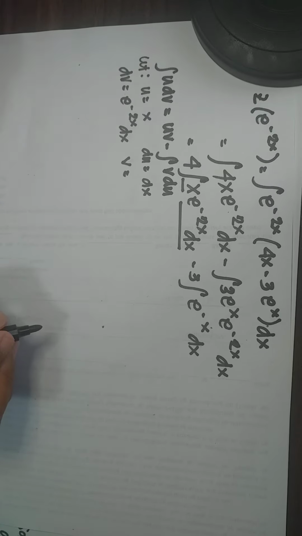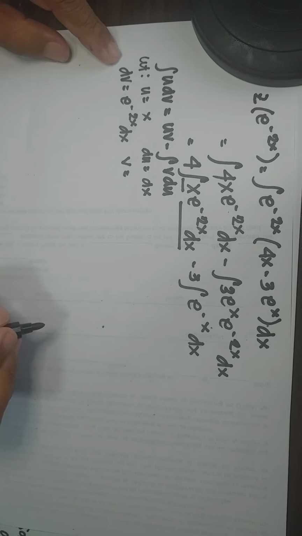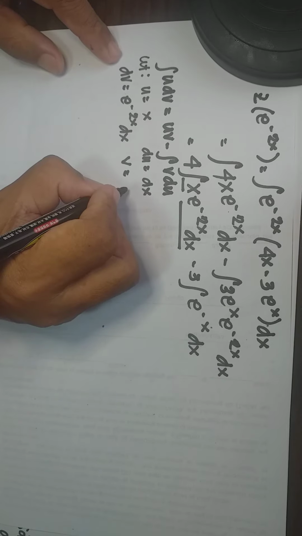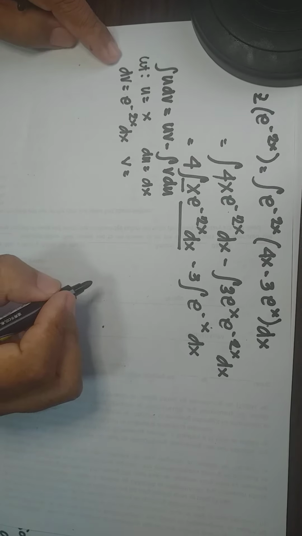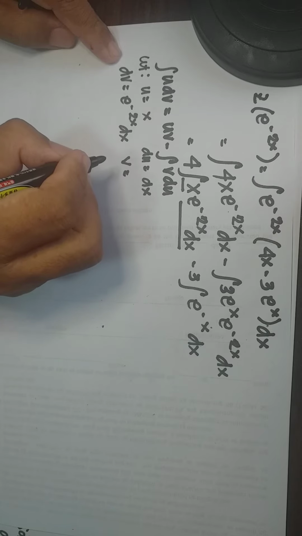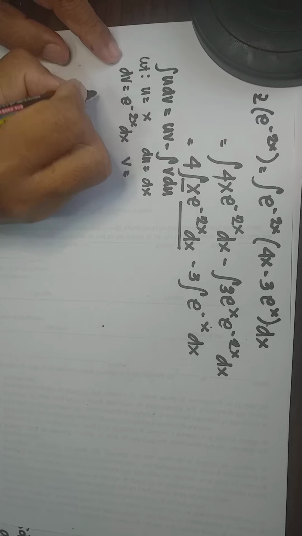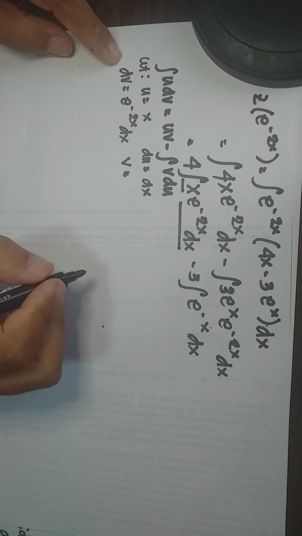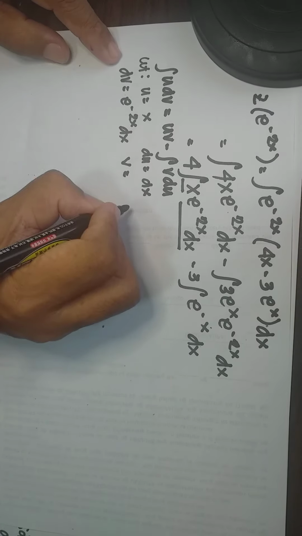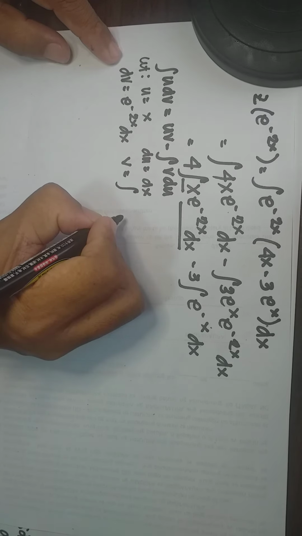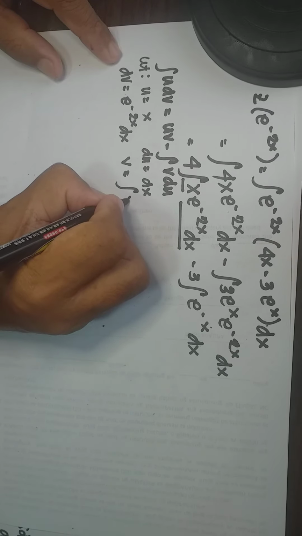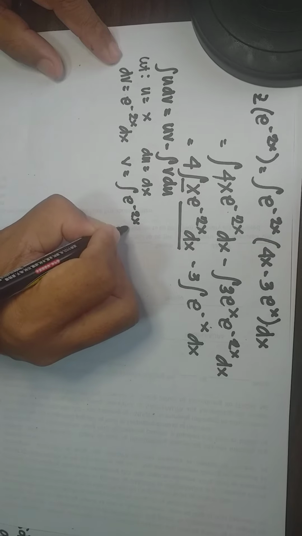And your v is equal to the integral of e to the u du. So that means we have to have the derivative of e to the negative 2x, which is negative 2 dx. So in order for us to integrate this, we have the integral of e to the negative 2x.